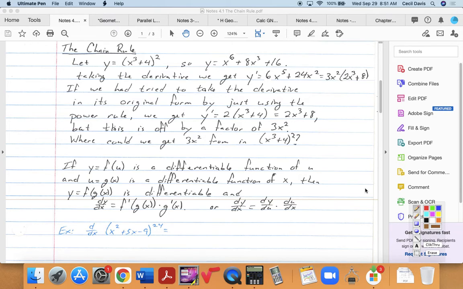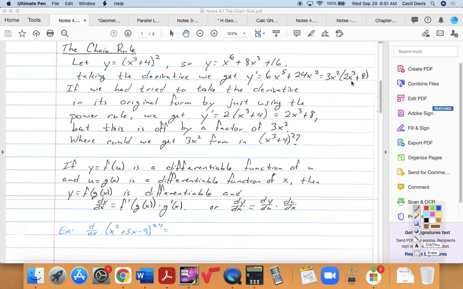So if we had tried to take the derivative in its original form by just doing the power rule, we would have moved the 2 in front and had 2 times x cubed plus 4 to the first power, which would be 2x cubed plus 8. Is that the correct derivative? It's kind of close. It has some parts that are alike, this 2x cubed plus 8.